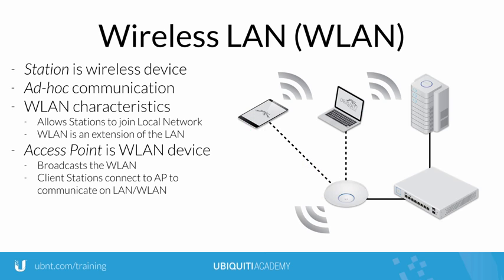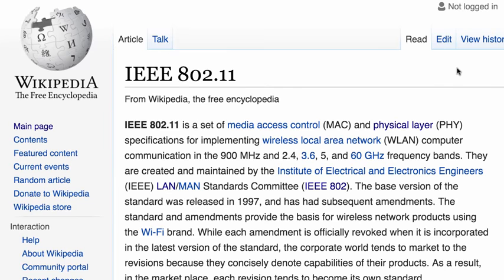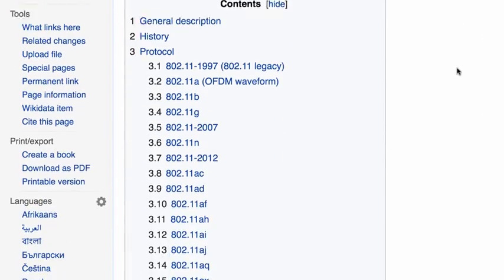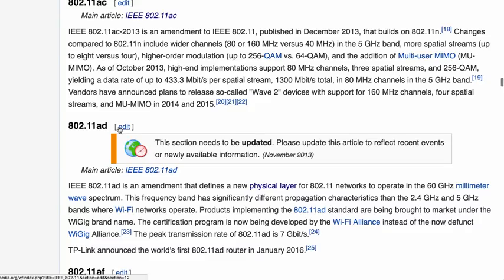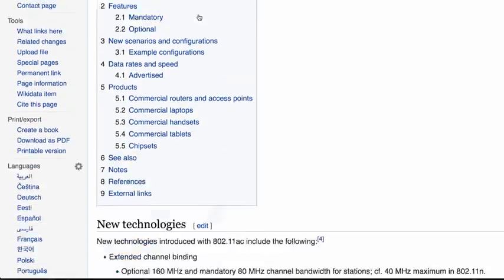Because stations connect to the access point to join the WLAN, access points also serve as a local segment. IEEE 802.11 describes wireless LAN technology standards such as 802.11r for fast roaming, or 802.11ac, the fifth generation of Wi-Fi.